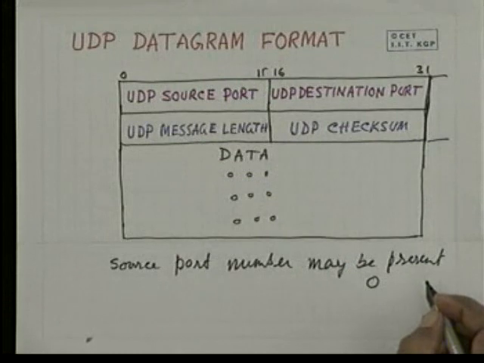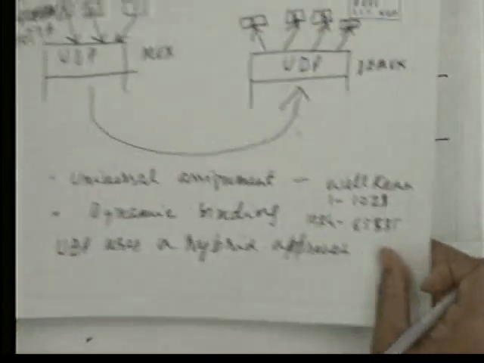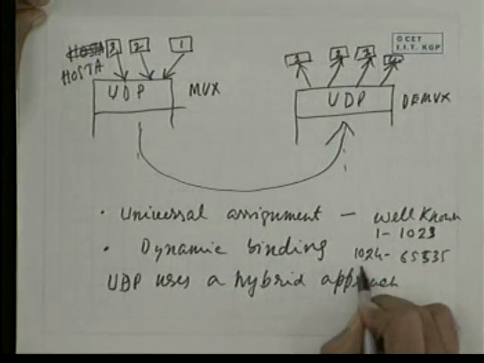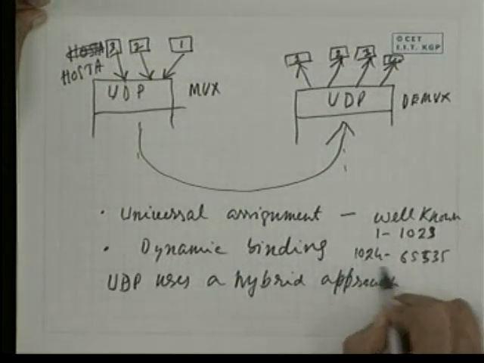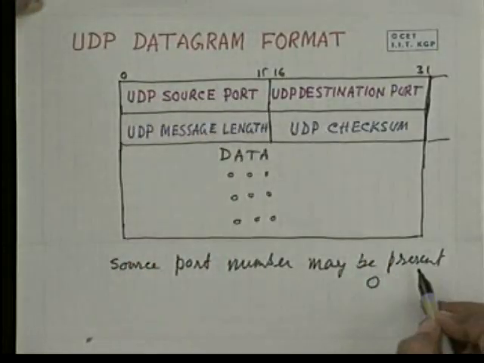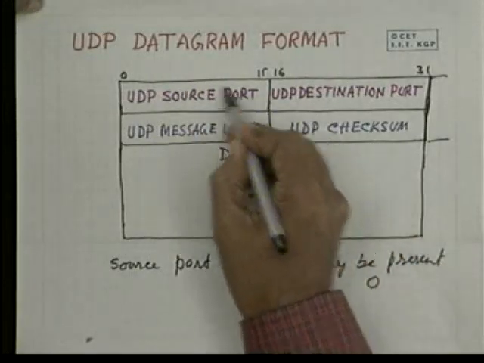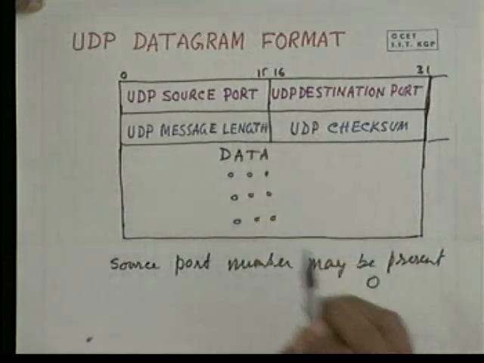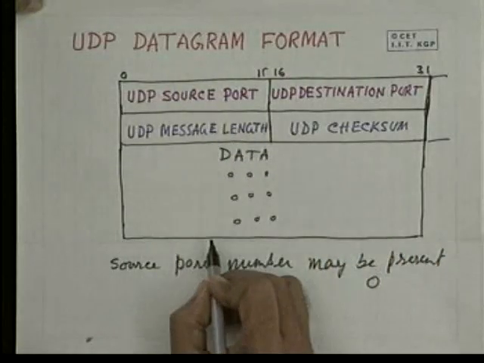As you have seen, this 0 is excluded both from well-known port numbers and also from the user port numbers. So 0 is not there. So 0 is assigned when this source port number does not exist. And obviously, when it exists, then the other side can send acknowledgement and various other messages to the source application program, but it may not be present.